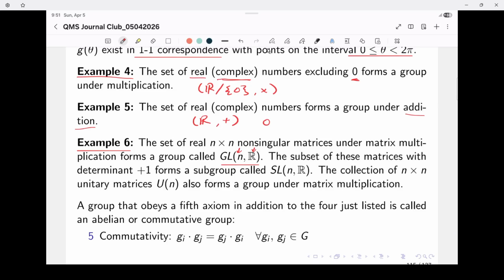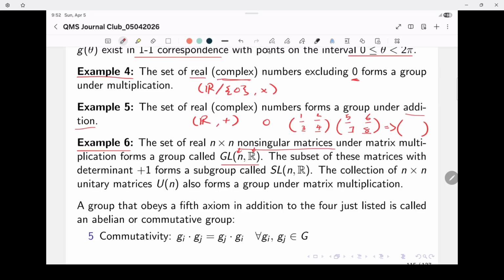Let's try some very simple examples. If this is a non-singular matrix, and let's say you have real numbers, then no matter how you multiply, say 5, 6, 7, 8, when you multiply these two together, you will produce another matrix, which is non-singular.